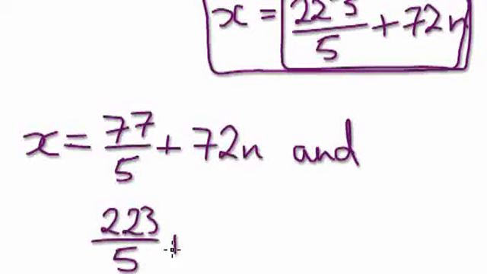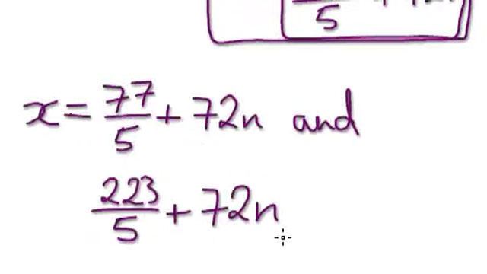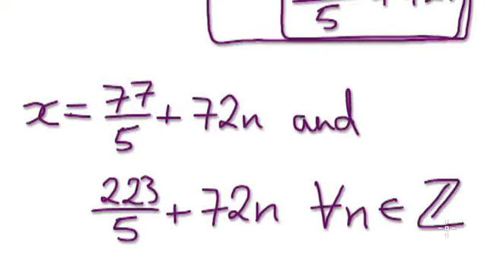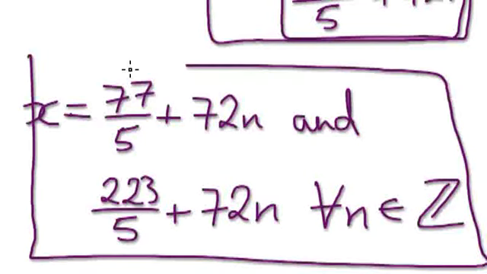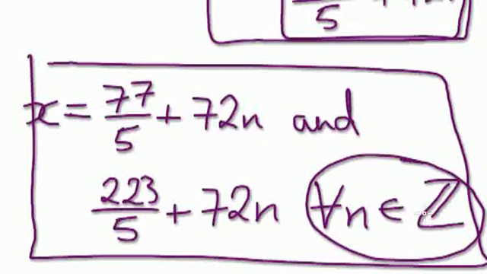Then you have to state for all n belonging to the set of integers. This here is your overall final answer. Remember to state this. In the last video, I forgot to state this.